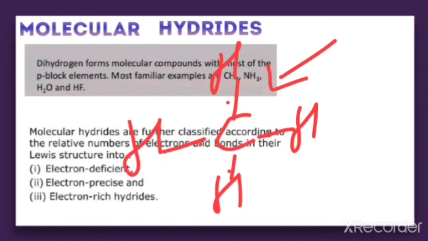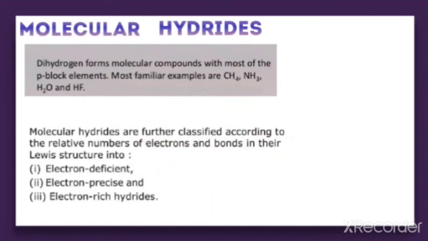That's why it is called an electron sufficient species. That means electrons are neither in excess nor in deficiency. So this is called electron precise, and such hydrides are called electron precise. CH4 is an example of an electron precise hydride.